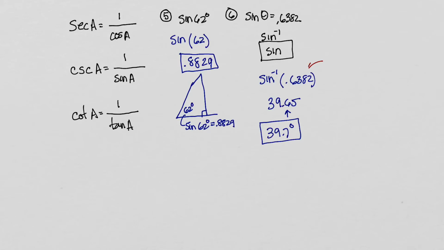Now, here's the way that I read that. I would say this: the angle whose sine is 0.6382. That's how I would read that. And then I could even go further and say is 39.7 degrees. But that is how we're going to read that inverse sine. The angle whose sine is, and then that number.